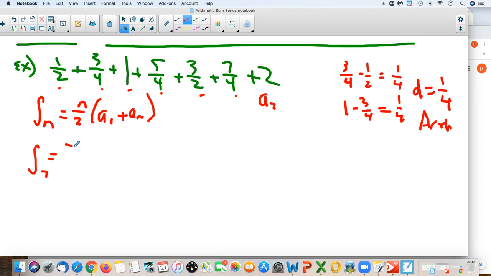We do the number of terms, divide by 2, take the first term of the sequence, which is 1/2. That's the first term of the sequence, this is a sub 1, plus the last term in the sequence.